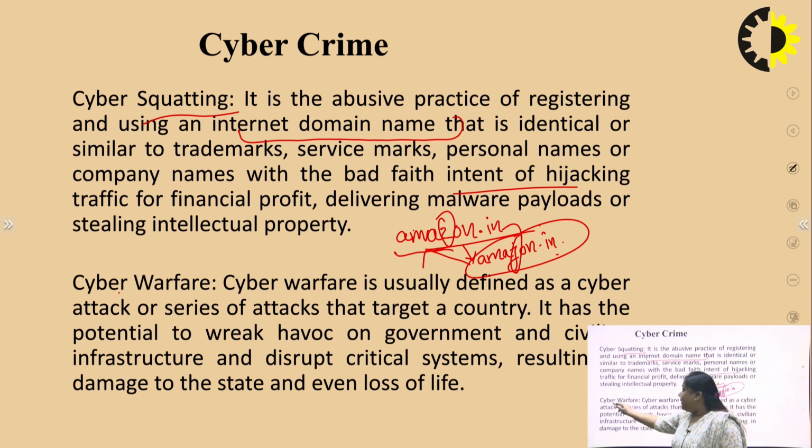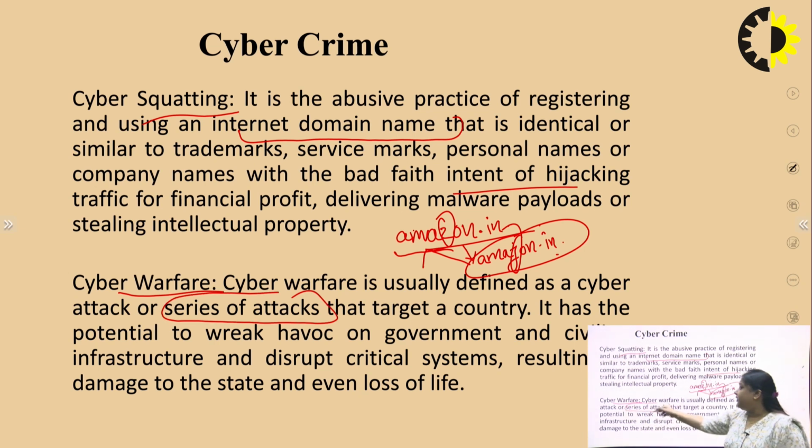Now, what is cyber warfare? Cyber warfare is defined as a cyber attack or series of attacks that targets a country. It has a very wide scope. When we talk about warfare, then it is for a country.